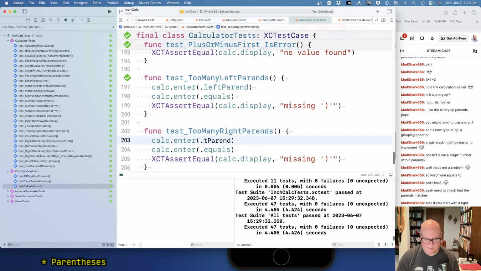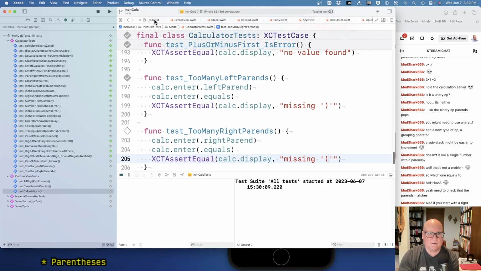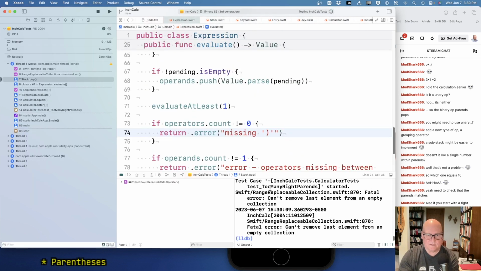We'll start with a right. And I guess we're missing left paren. Okay. And that should fail. And the check there. Okay, yeah, that I kind of expect.